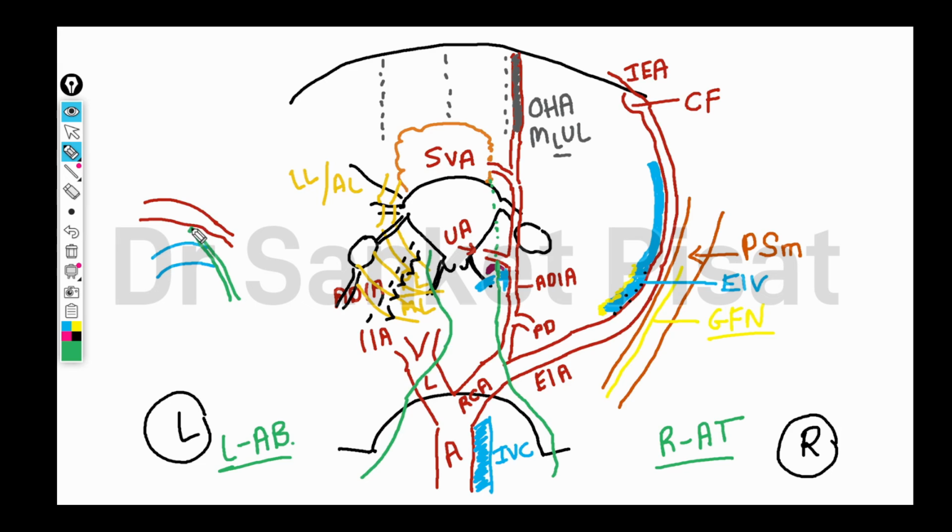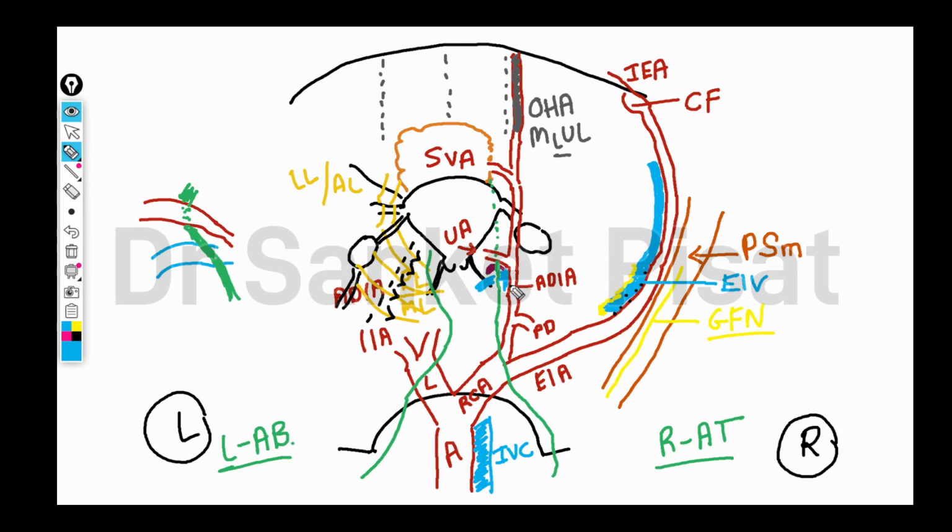That means if you look at the relations of the two, the vein is always going to be under the ureter and the artery is going to be over the ureter, and this continues like this. When we have understood this relation of the two structures, this is very useful for us in safeguarding the ureter.